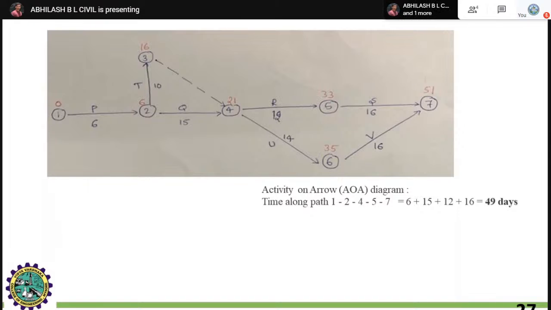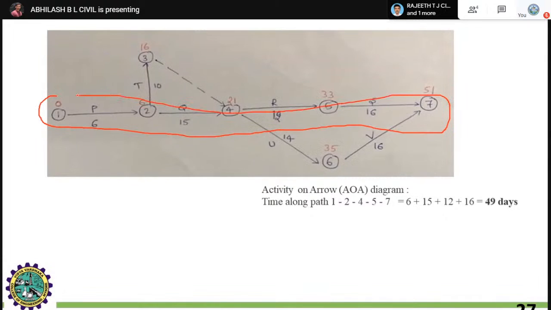The next method is the activity on arrow, AOA diagram, and you can start with the same methodology. This is procedure 2, where you go with the 3 paths, right? Here you can see, I am mentioning, this is one path.